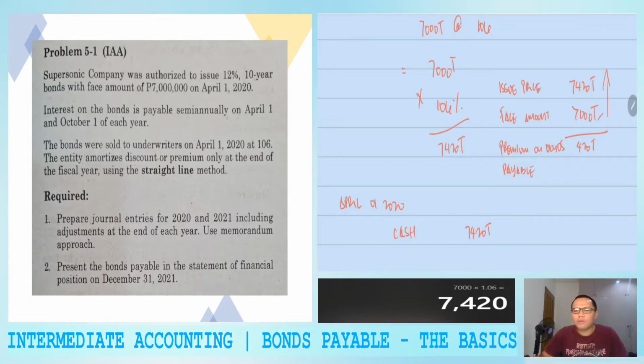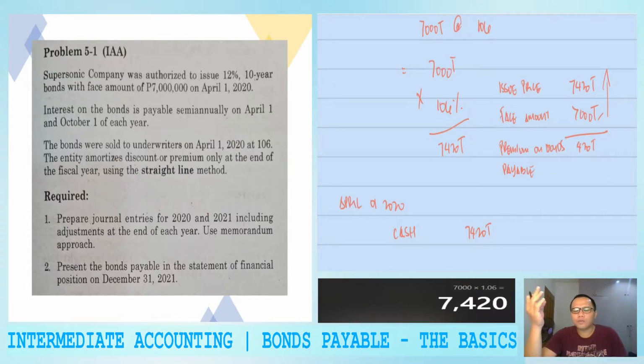Correct? This is just a review of what you have already learned. This is premium on bonds payable. It means that the purchaser of the bonds, the one who bought them, the one issued the bonds, is willing to pay an amount which is more than the amount borrowed. Because bonds payable is basically a liability.